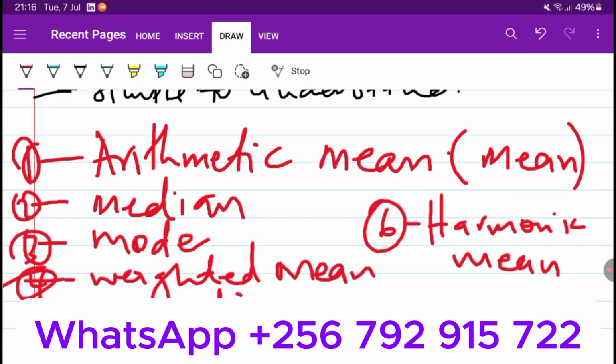You have to understand the advantages of using the mean, the median, and the mode, because we shall need them as we do the different aspects of the measure of dispersion.